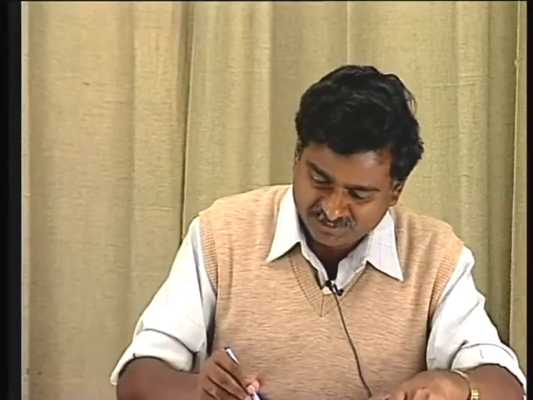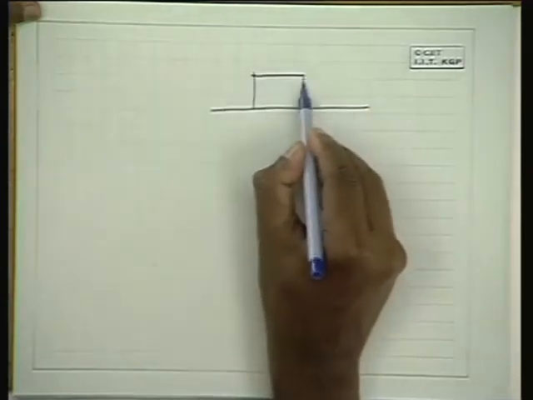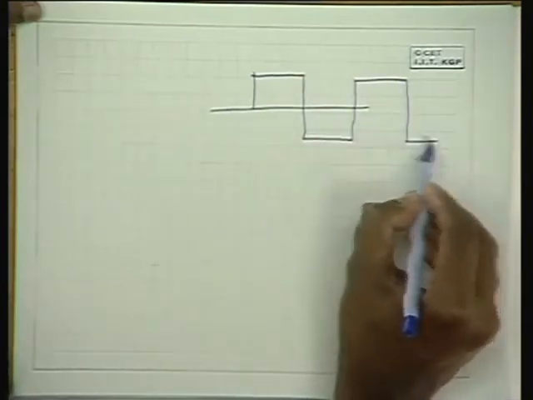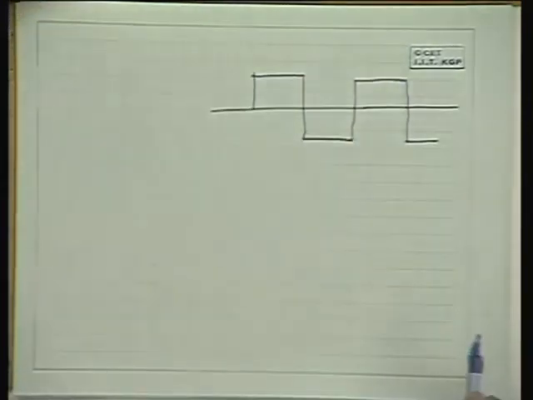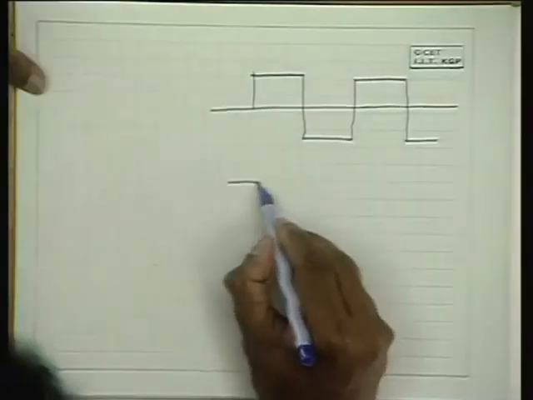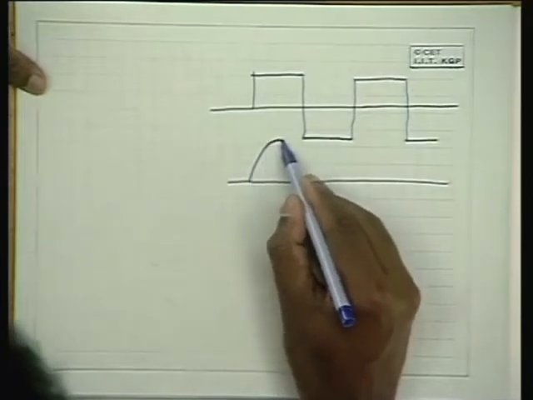If you take for instance a square wave of this type, now I will try to represent this square wave as a sum of several sinusoids. So, you consider this sine wave.